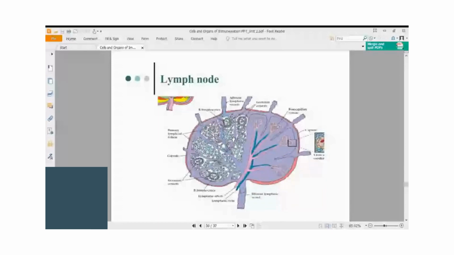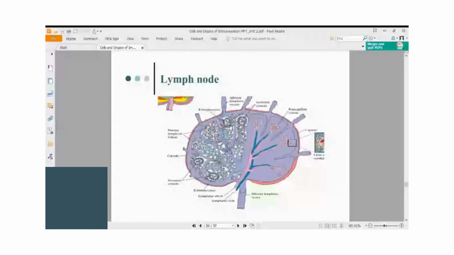As they migrate to the paracortex area, before they migrate, they will have been presented with the antigen by these antigen presenting cells. And remember, B lymphocytes can also act as non-professional antigen presenting cells.